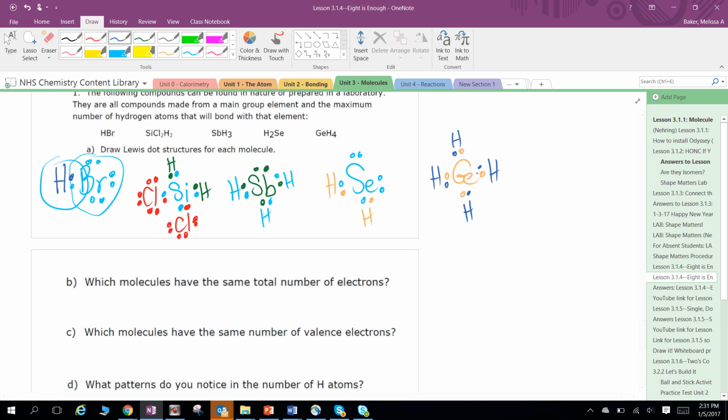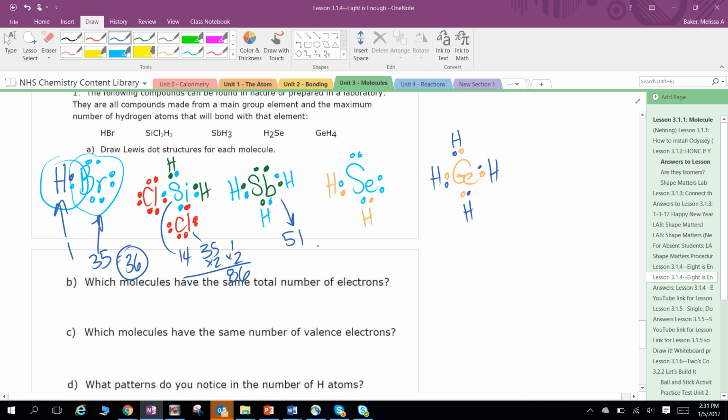Which molecules have the same total number of electrons? Well, hydrogen's got 1, bromine has 35 total, that makes 36. Silicon has 14, each chlorine has 35, and there's 2 hydrogens, which each have 1 electron, so that makes 86.